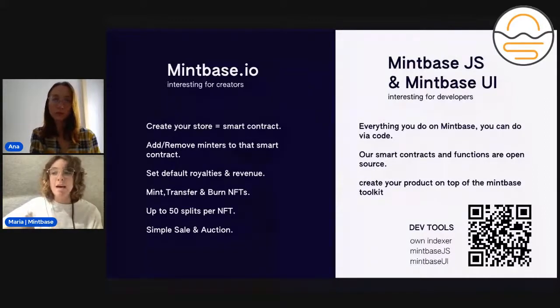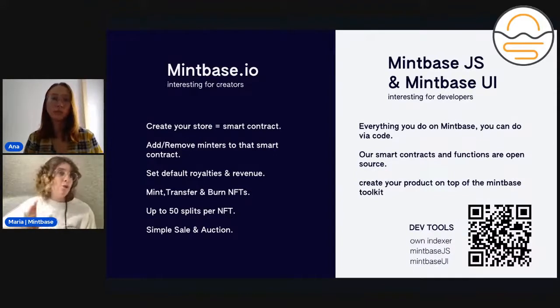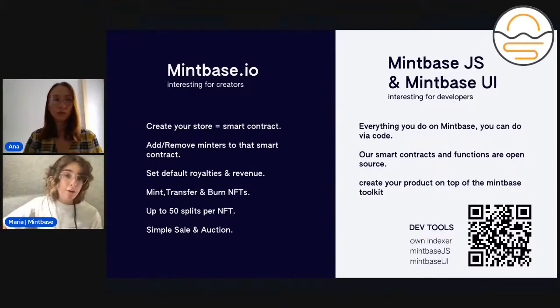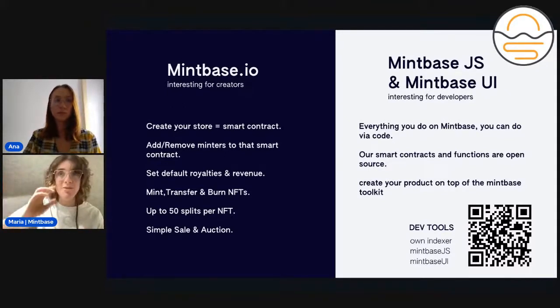That means you decide for every token that will ever be minted on your smart contract, you can say, I want 5% to go to this wallet or DAO or smart contract address, and I want 3% from the royalties going to this. You can set up to 25 splits in the royalties and 25 splits in the revenues. It sounds very confusing, but when I go with you through the UI, you will understand it better.